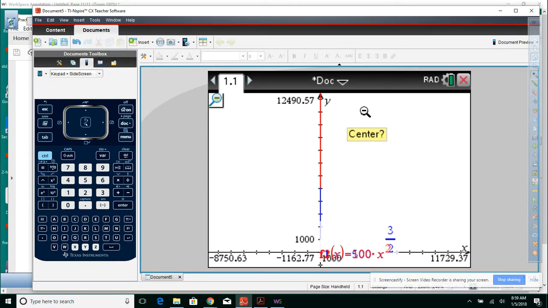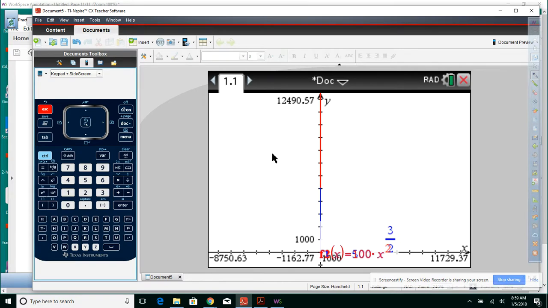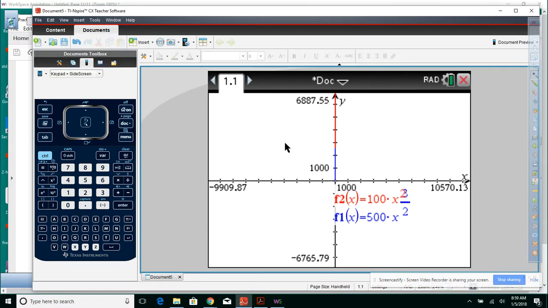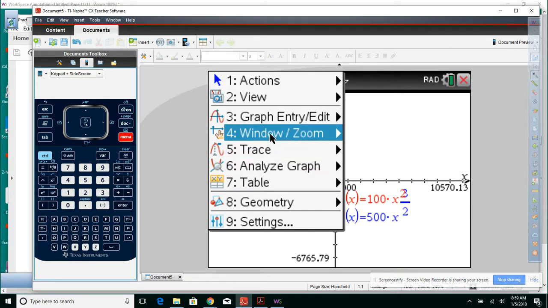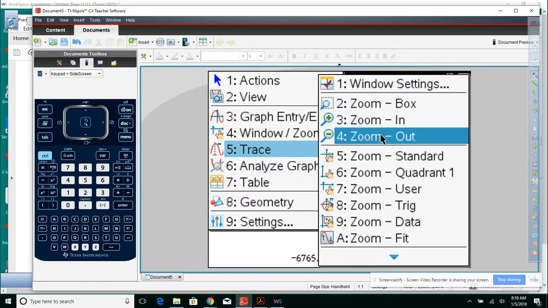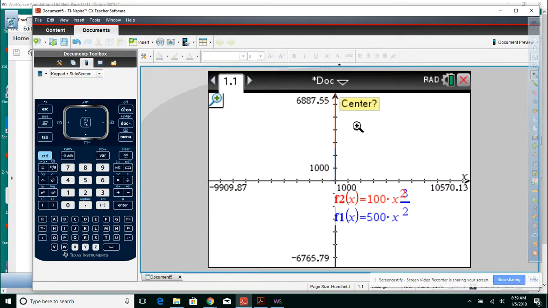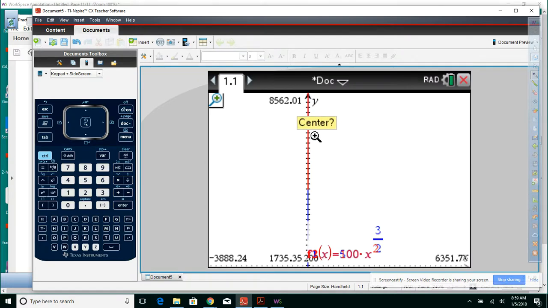Well, now it looks like a straight line almost. Okay. Escape. How can I find it? Menu 4, and let's zoom back in.